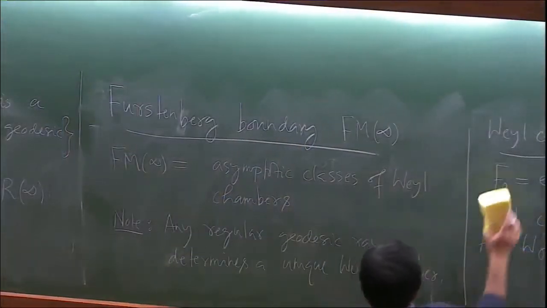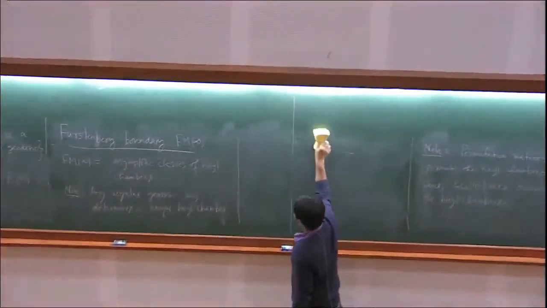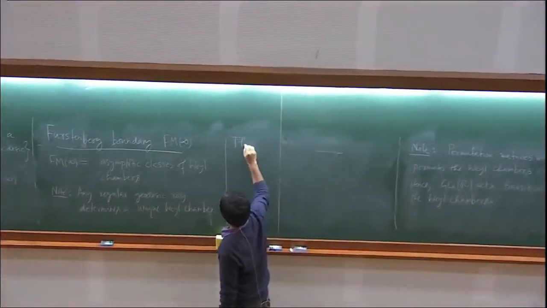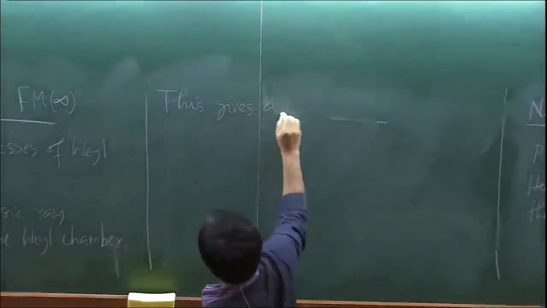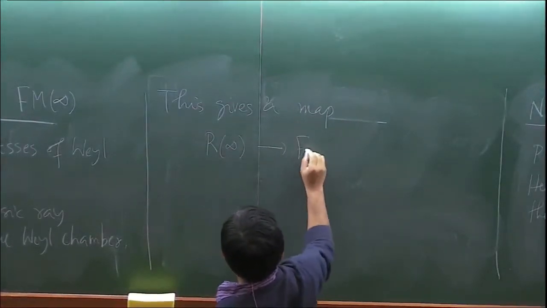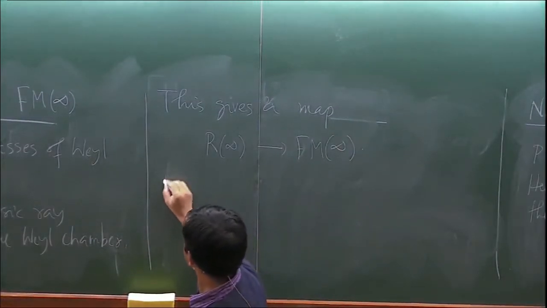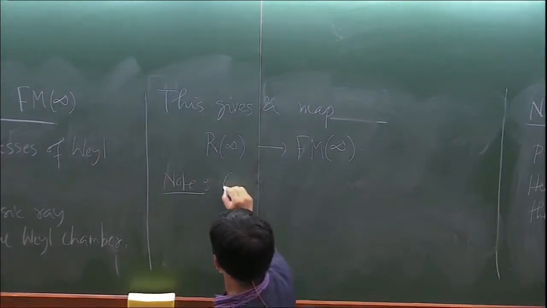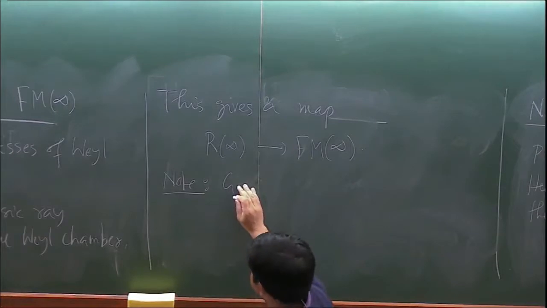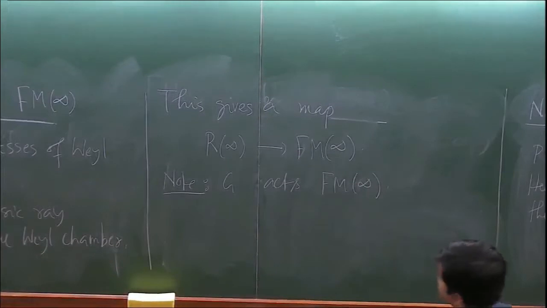So therefore, there is a map from R infinity to Fm infinity. And so we'll use that to define a topology on Fm infinity. Notice that G acts on Fm infinity. If I have a Weyl chamber and I hit it by some isometry, then again it's a Weyl chamber.